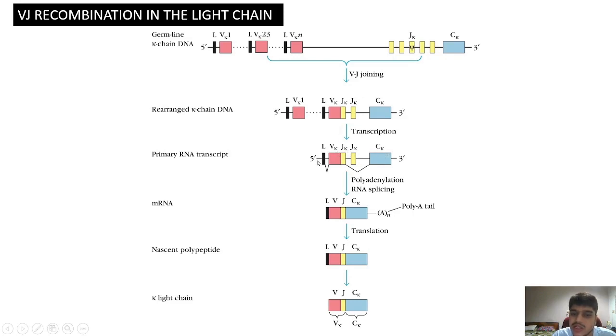Remember there was a leader segment along with the V segment. Here what happens after the translation of the nascent polypeptide, that is, the polypeptide is complete but it's not a protein yet, it is only a nascent chain. This leader, or the signaling peptide, pulls the protein out of the endoplasmic reticulum.